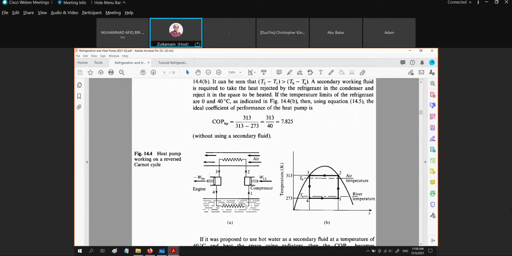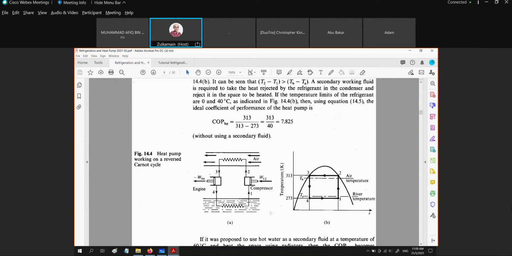So this is our condenser, this is our evaporator. In order to transfer the heat from the condenser to air, we must have a temperature difference. In this case, the temperature of the refrigerant is higher than the temperature of air. While at the evaporator side, this is the temperature of the river water, and this is the temperature of the refrigerant in the evaporator.